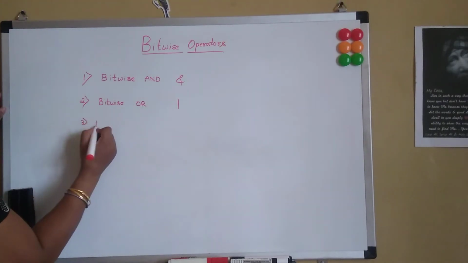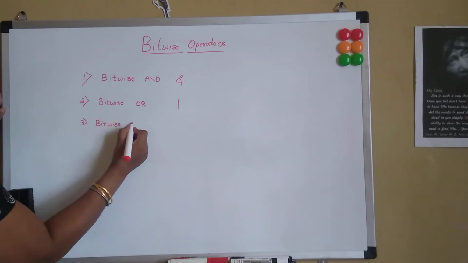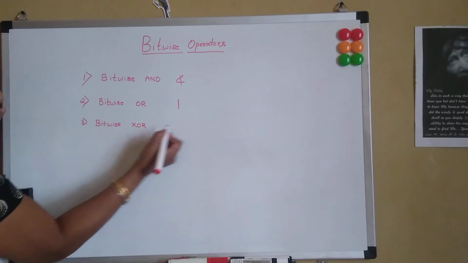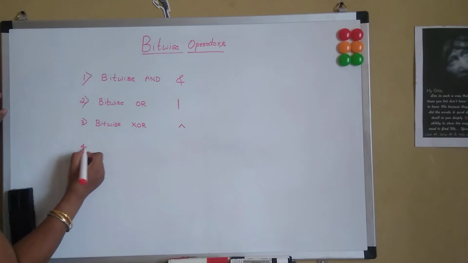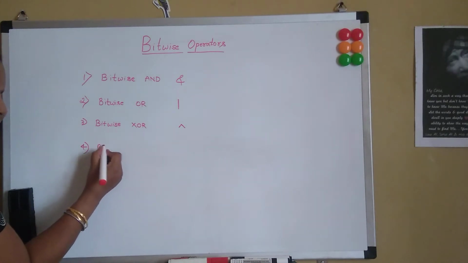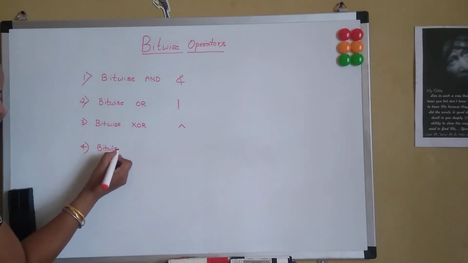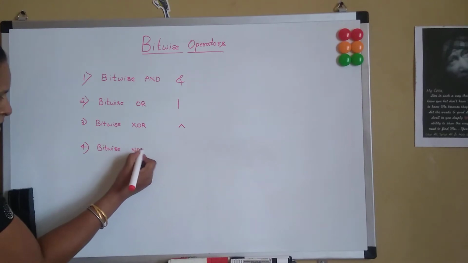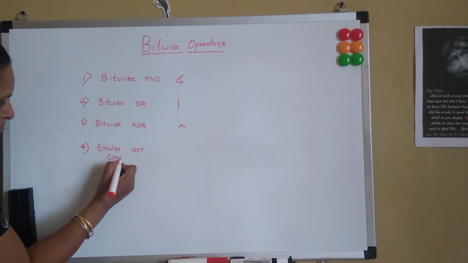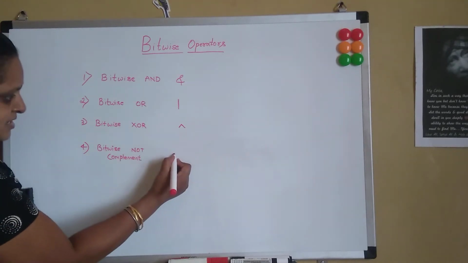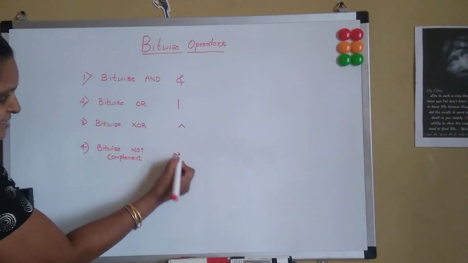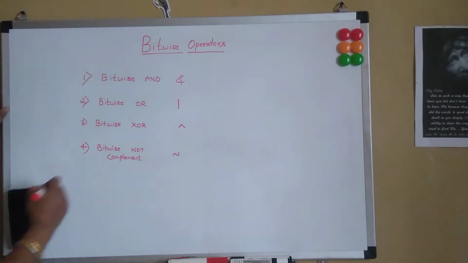The third one is bitwise XOR, and it is the exponential symbol. The fourth one is bitwise NOT, or the complement, and the symbol is just below the escape button on the computer.